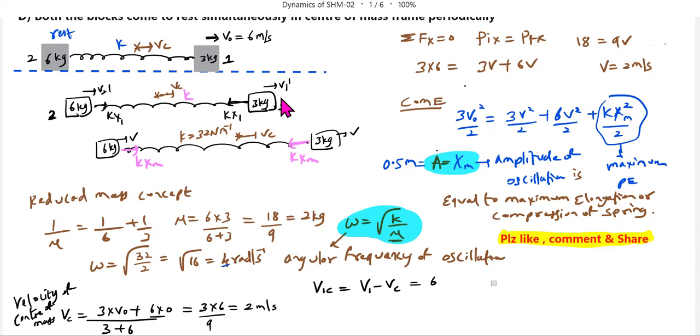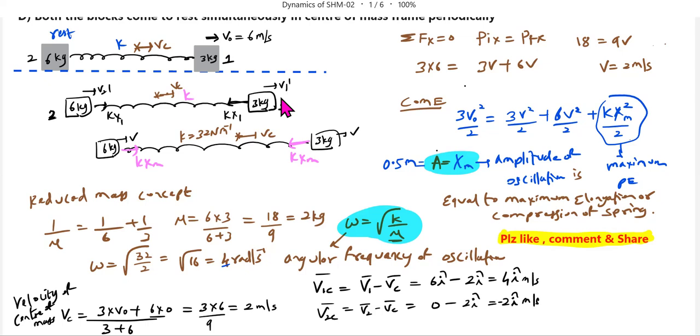I'll use vectors, it'll be easy for you. Then the velocity of the second block: V2 bar minus Vc bar is 0 minus 2 i cap, which will be minus 2 i cap meter per second.